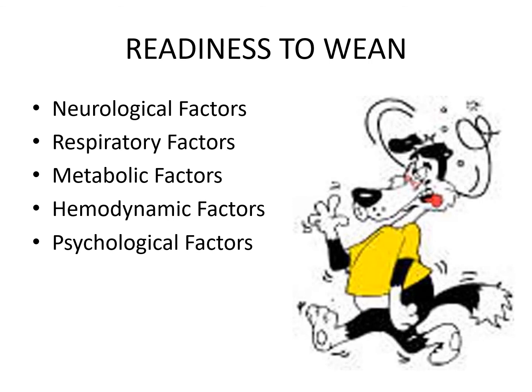So looking at things that we need to look at when we are determining readiness to wean, we need to consider all these: neurologic factors, respiratory factors, metabolic factors, hemodynamic factors, and psychological factors. I think when we look at a lot of these different factors, we kind of forget about the psychological factors.